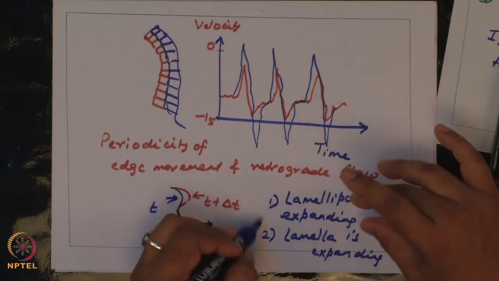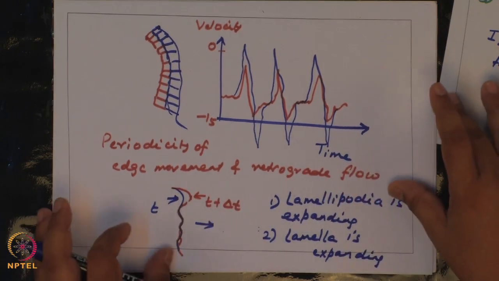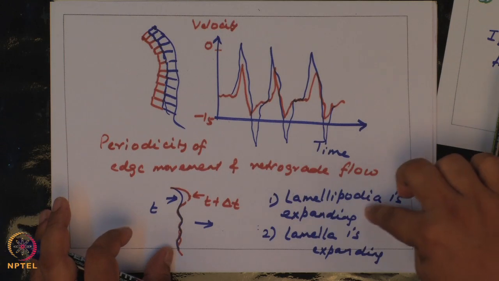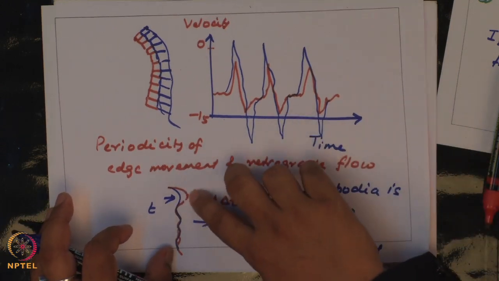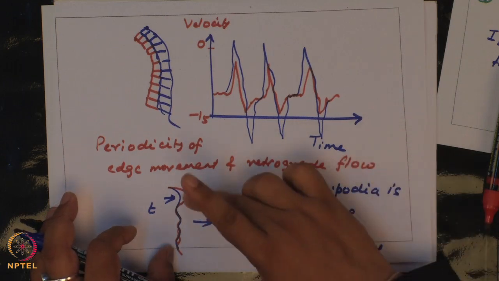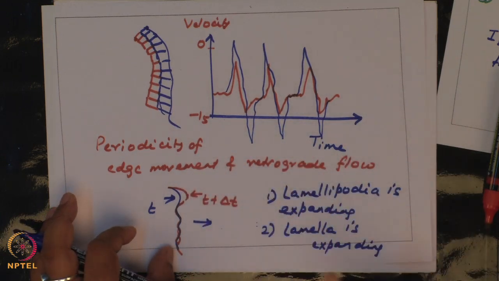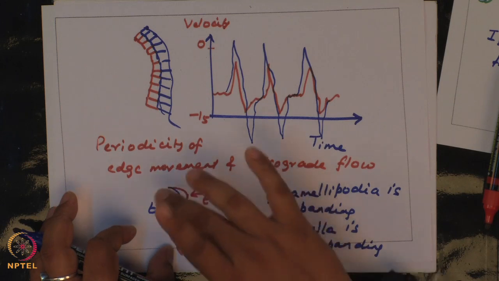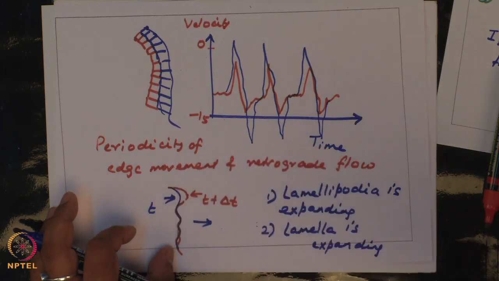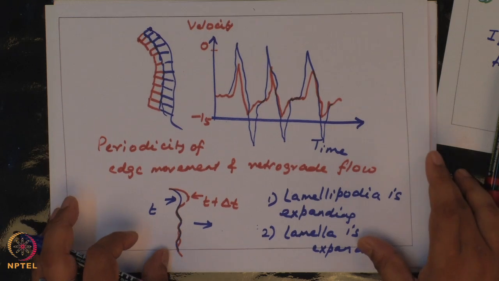So, what is the difference between these two possibilities? If the lamellipodia is expanding and this protrusion is very local, this would mean that the lamellipodial thickness will increase, versus if the lamella is expanding, then whenever you have a protrusion event, the thickness of the lamellipodia will remain the same.